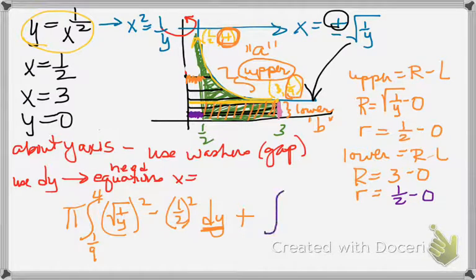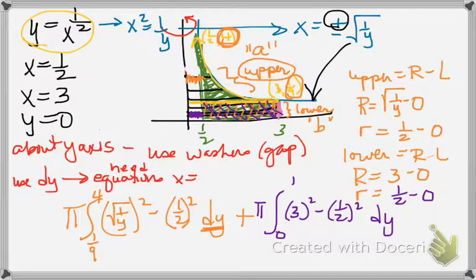So when I integrate this, I get capital R squared minus lowercase r squared, again with respect to y. And now the y values on this lower section only are from 0 to 1/9. Notice how they connect, 1/9 here, 1/9 here. And that should always happen. That's what connects the two sections together.